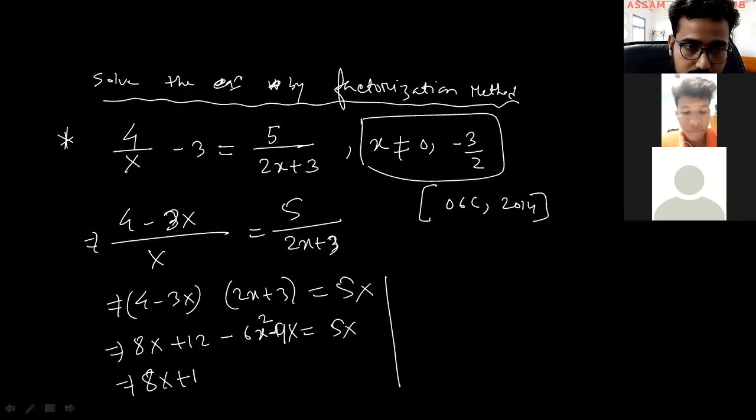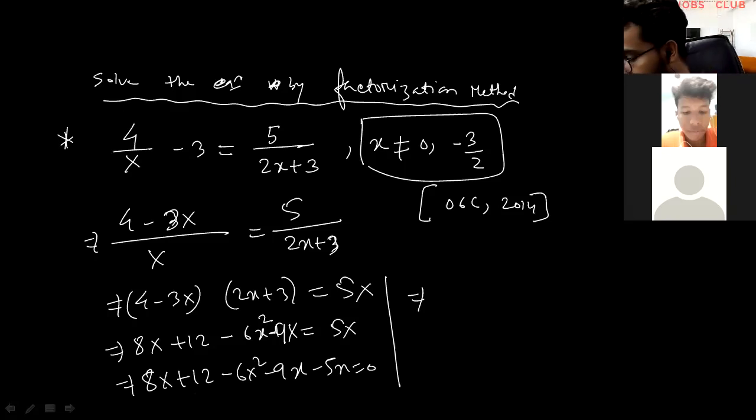8x plus 12 minus 6x square minus 9x minus 5x equal to 0. Now if you solve this one, it will be 8x minus 5x, so it will be 3x. Then again 9x is there, yes or no?